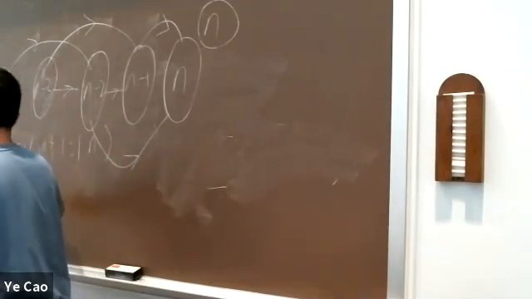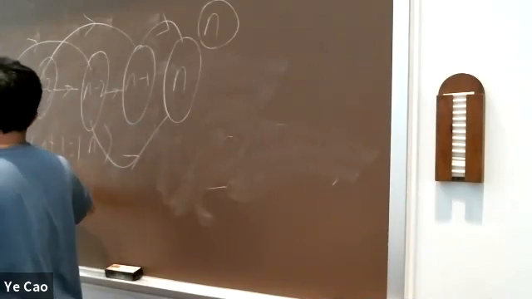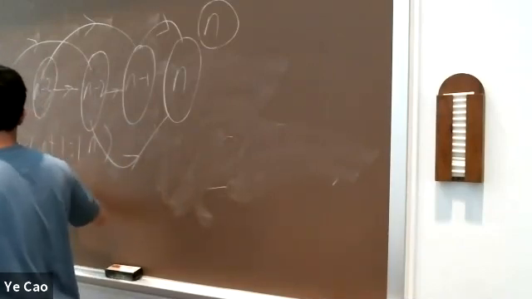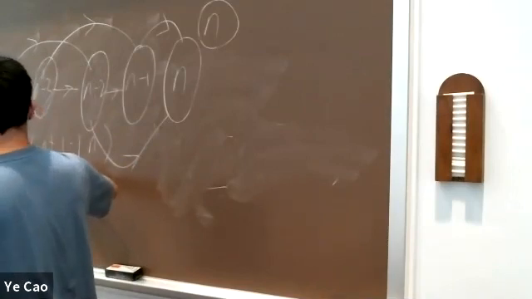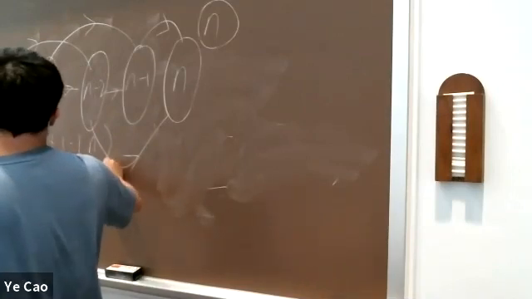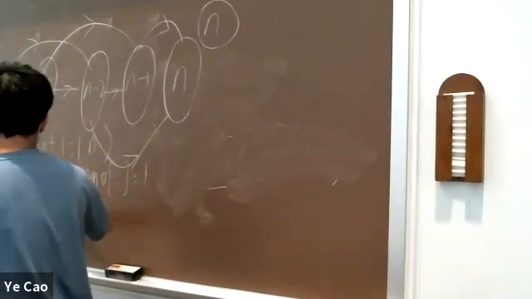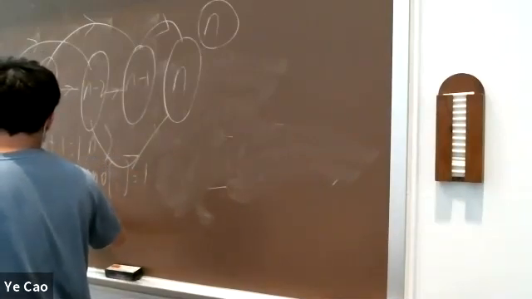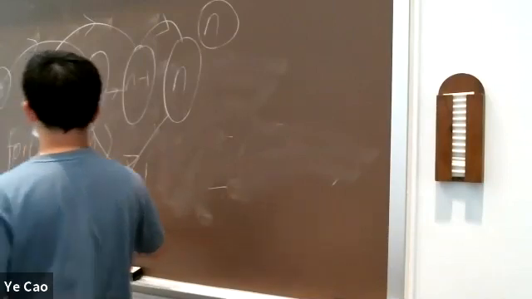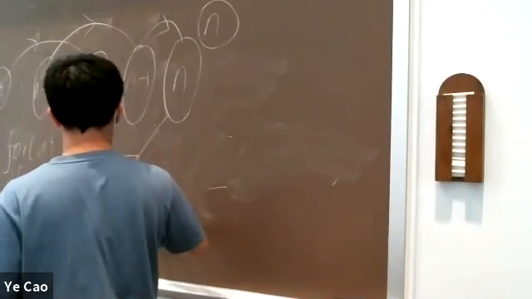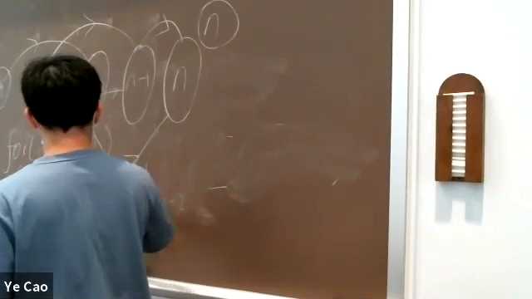Each time you compute, if i is smaller than 2, then return i, otherwise just equal to f of i minus 1 plus f of i minus 2.